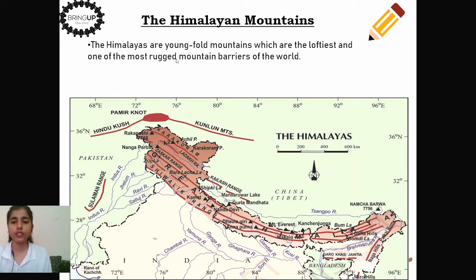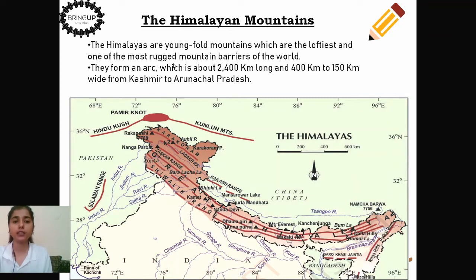Loftiest means they are high, skyscraping, or sky high. Rugged means uneven, steep or rocky surfaces. So the Himalayas are the loftiest and rugged mountain barriers.